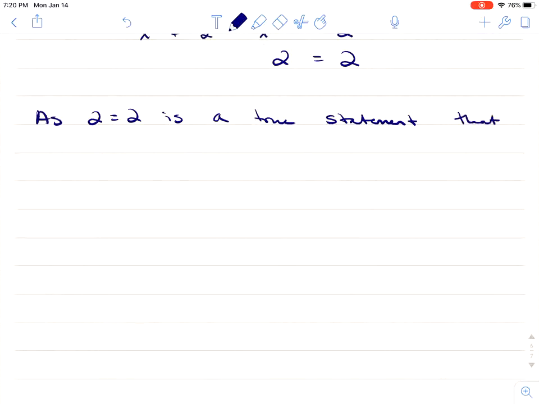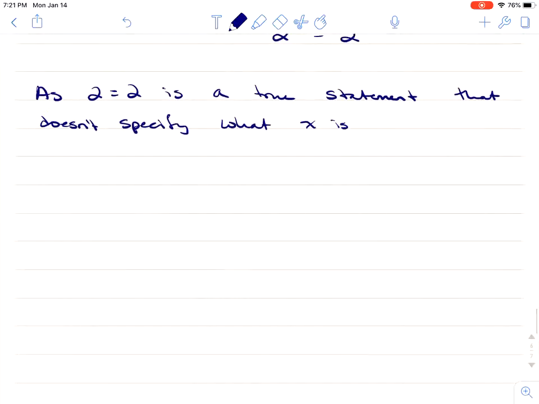A true statement that doesn't specify what x is means we have an infinite number of solutions.